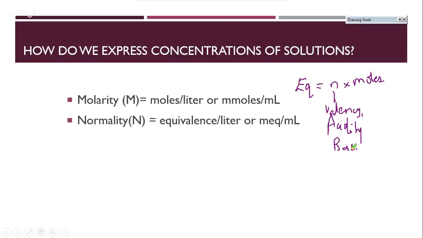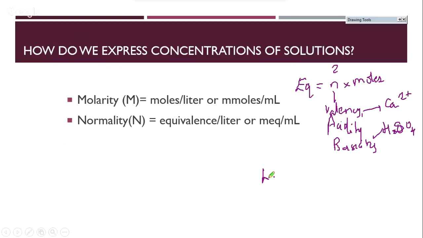If you have H2SO4, for example, the basicity of H2SO4 is twice, so n factor is 2. If you are looking at Ca2+, because the valence is 2, n factor is 2. So equivalence is equal to n factor into moles.